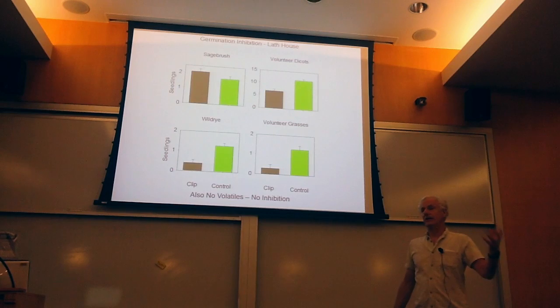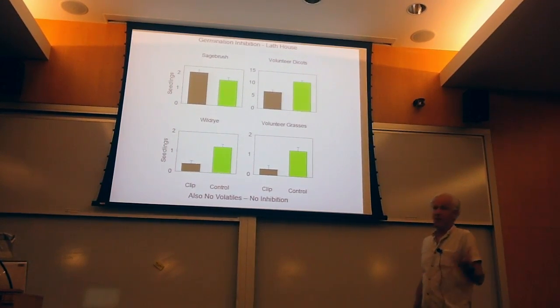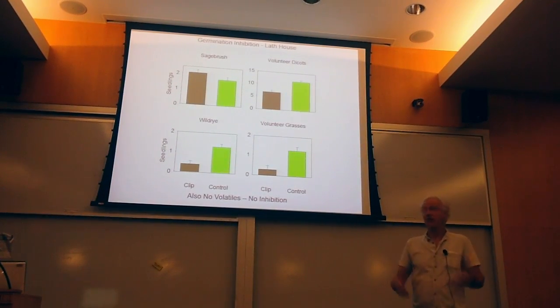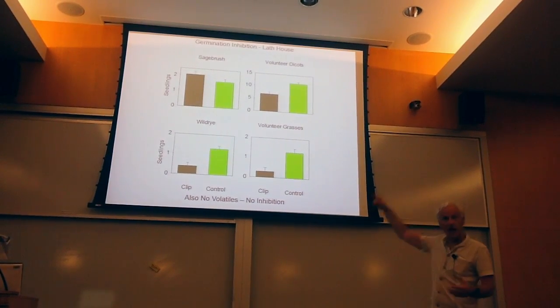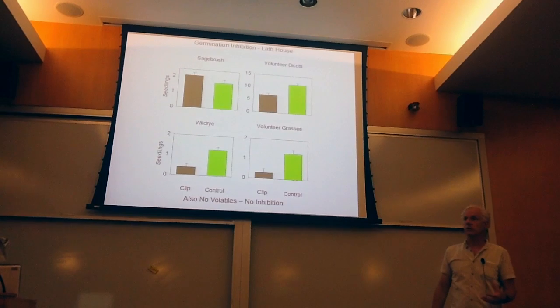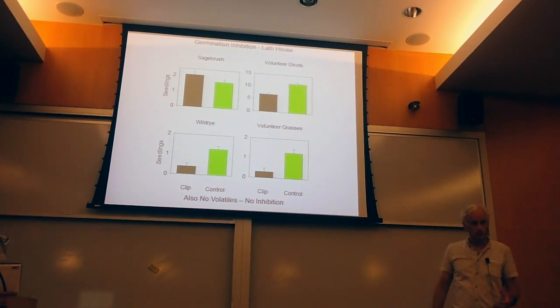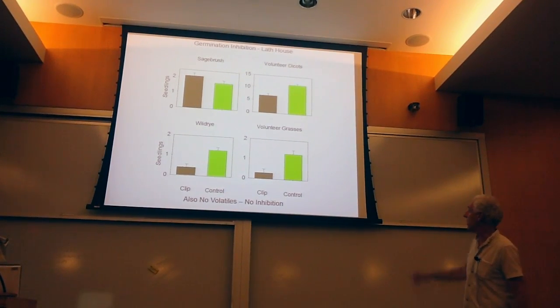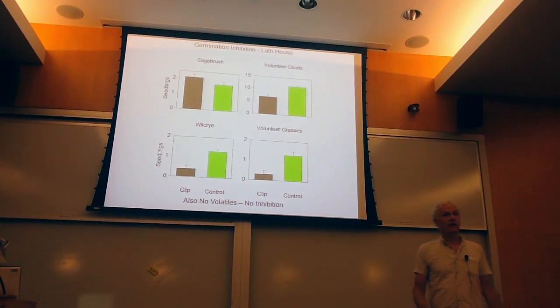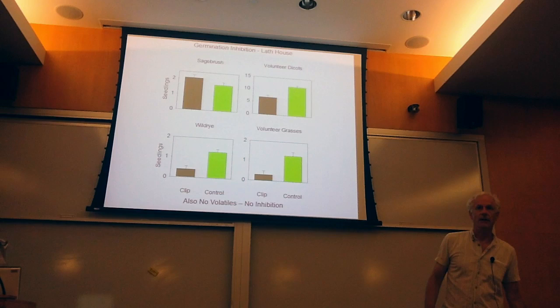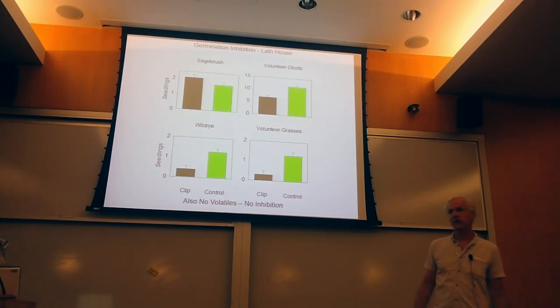Most of what we got in our pots were volunteers, seeds that were there naturally. And the germination of volunteer dicots was much reduced where we clipped the sagebrush, as was the case for volunteer grasses. They also didn't germinate nearly as much when the sagebrush had been clipped.